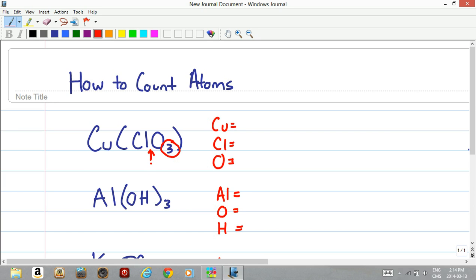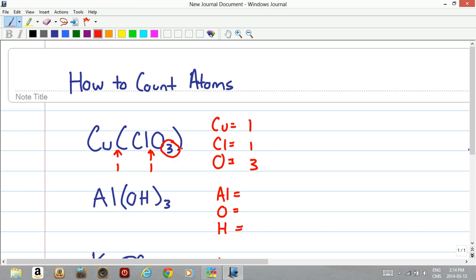So nothing here means 1 and 1. The subscripts tell you how many atoms of that element you have. So let's start with the subscripts first. We have 1 copper, 1 chlorine, and 3 oxygen.